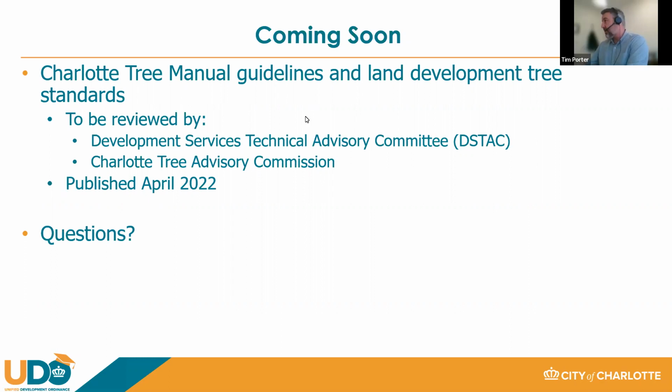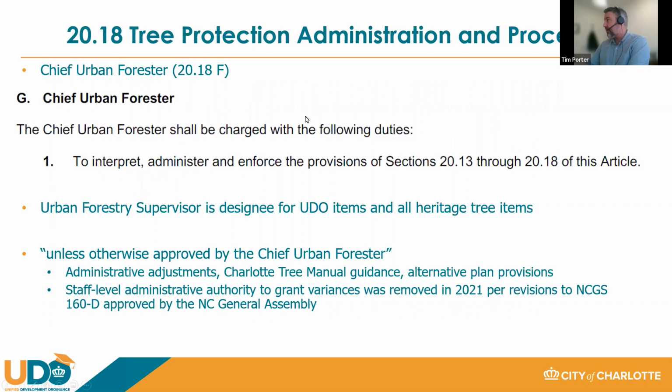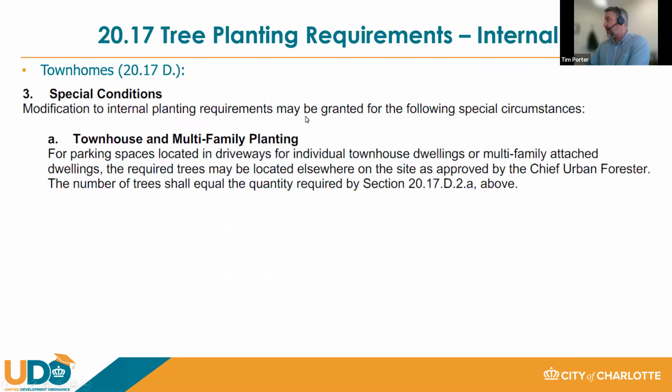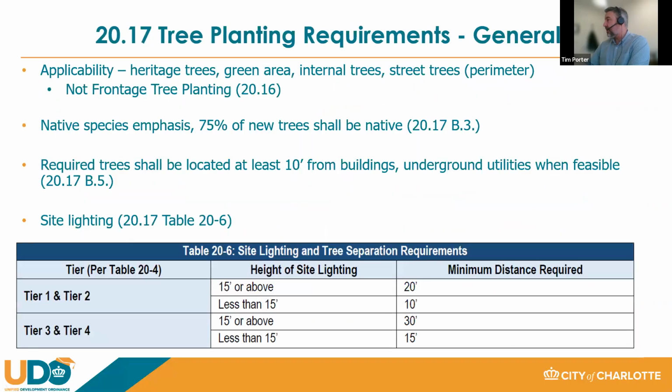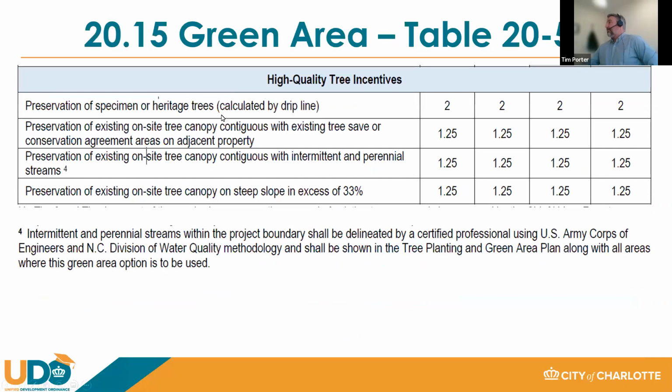And let me see if I can scroll back here in the presentation. Sorry if I'm making people seasick here. These incentives as part of the green area table 20-5. If a site has areas that qualify for these, such as independent, standalone heritage trees or specimen trees, they can be used to meet green area requirements if they're not contiguous.